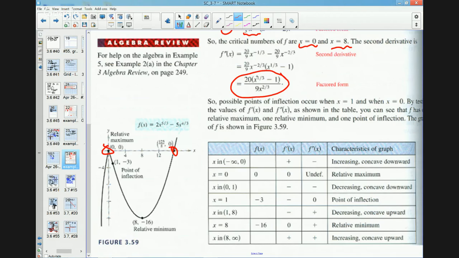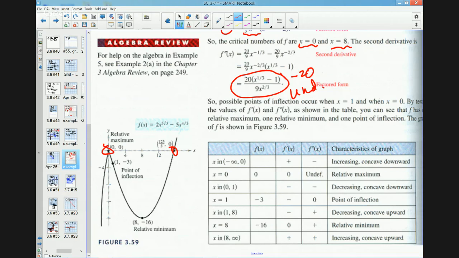Well, what's 0 to the 1/3 power? 0. What's 0 minus 1? -1. And what's -1 times 20? -20. And on the bottom we have an undefined. So undefined. Okay. So that didn't tell us anything.